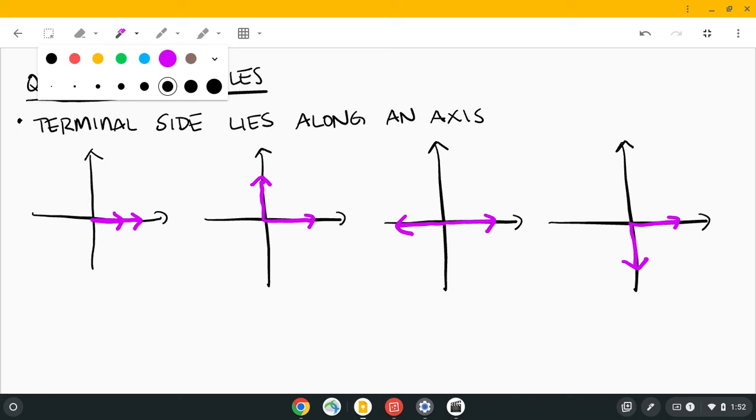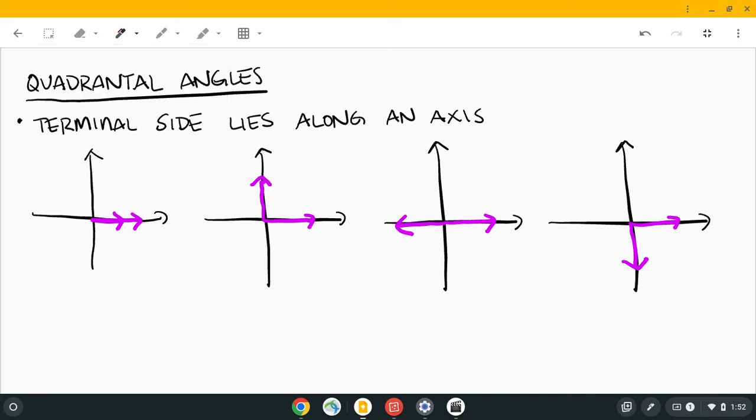And let me go back. So here, this would be 0 degrees. Here, this would be 90 degrees. Here, this is 180 degrees. This one here is 270 degrees. And of course this is if we're measuring in the positive direction, right?